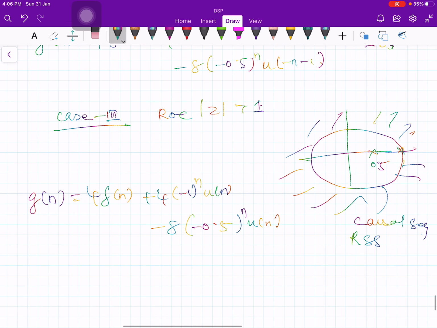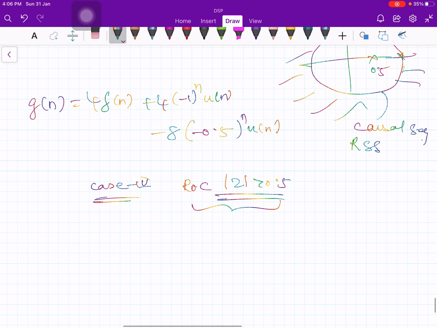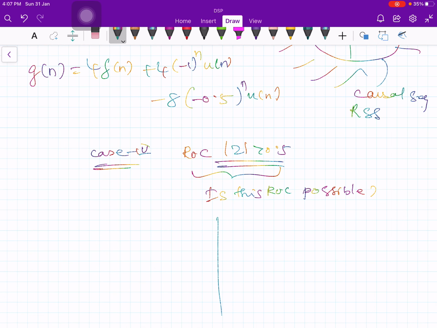Now let me take case 4. ROC mod of z greater than 0.5. Now is this ROC possible? Let me check whether it is possible or not.